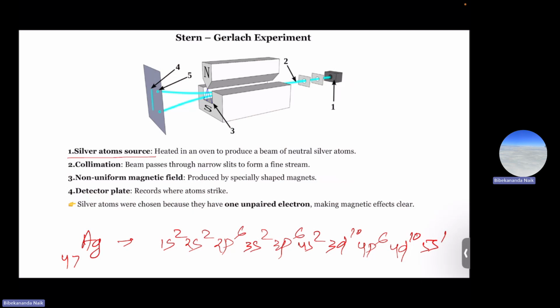So silver has only one outer electron, which is in the s orbital.